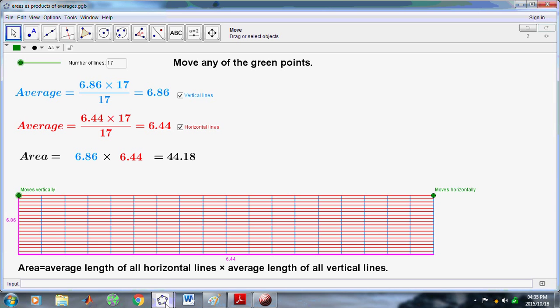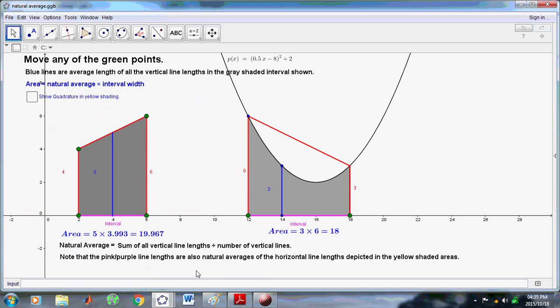The second part I'd like to describe is concerned directly with the area between a curve, as you see this red line, and the horizontal axis. Over here you see a particular line and the area is given as 20. That interval of 4 is the average of all the horizontal lines, and 5 is the average of all the vertical lines.